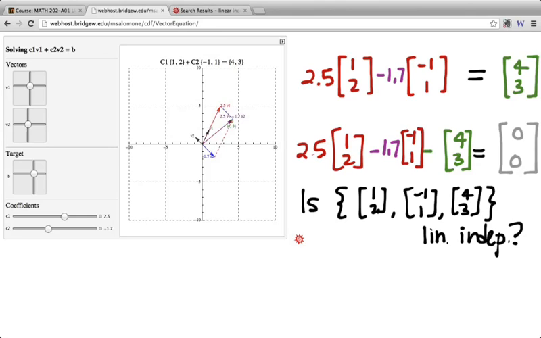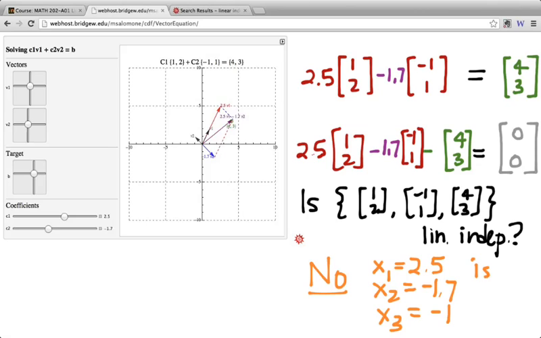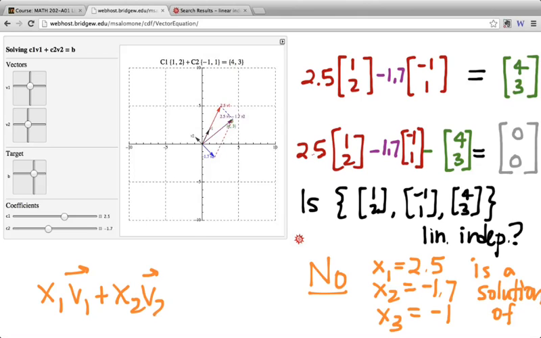Why not? Because the x's are all 0? Exactly. What are the x's? What's playing the role of the x's here? x1 is 2.5, x2 is negative 1.7, and x3 equals negative 1 is a solution of the equation x1 times v1 plus x2 times v2 plus x3 times v3 equals 0.